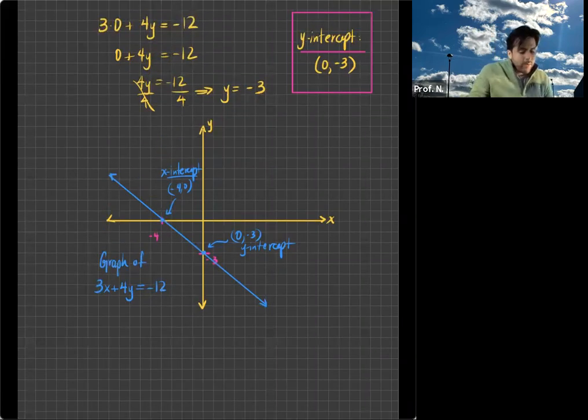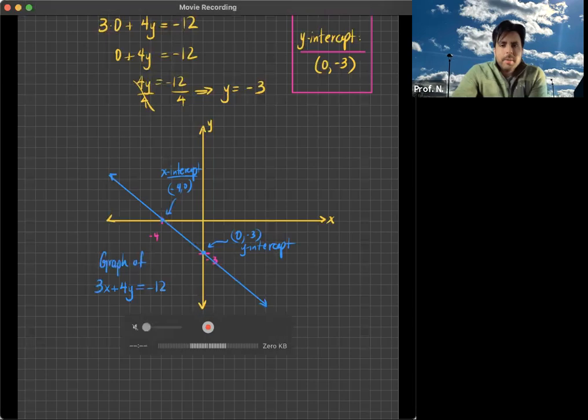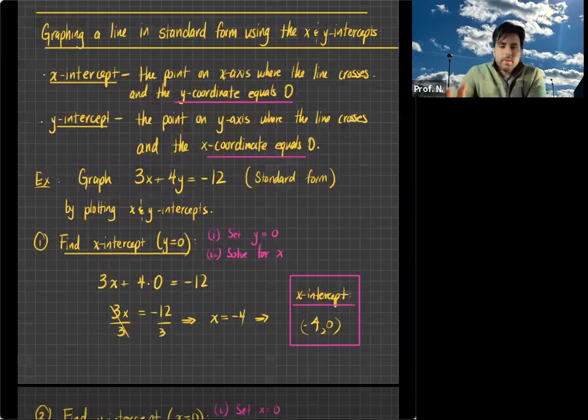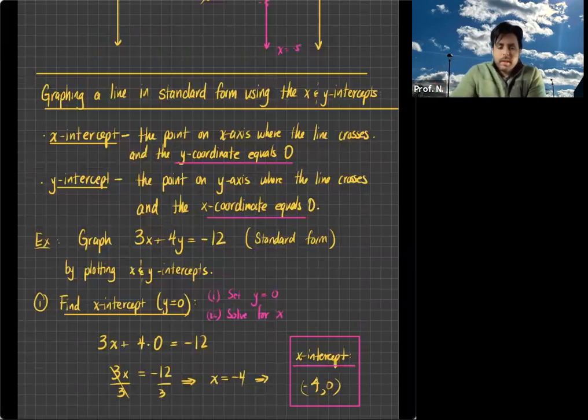So do you understand now how I'm able to use the intercepts? I can use intercepts to graph equations of lines in standard form, of course. And the important part here is to note that the x-intercept is when y equals 0, and the y-intercept is when x equals 0.